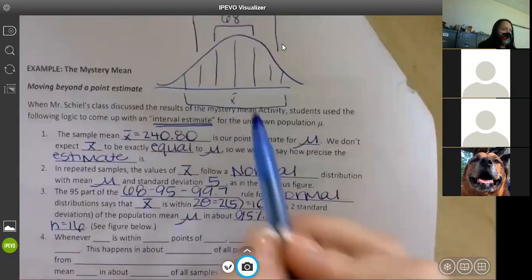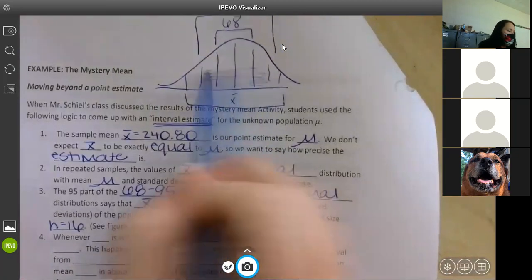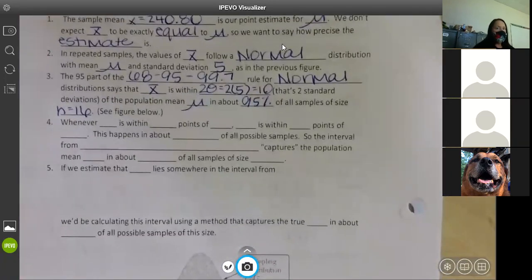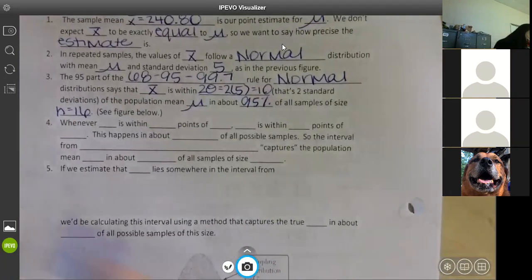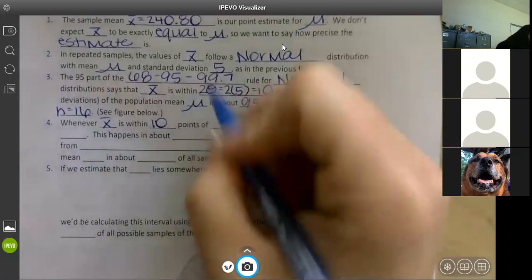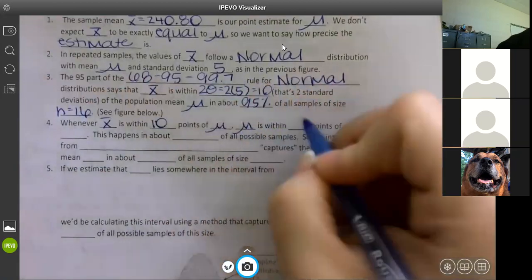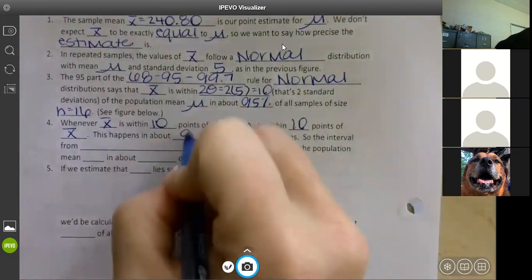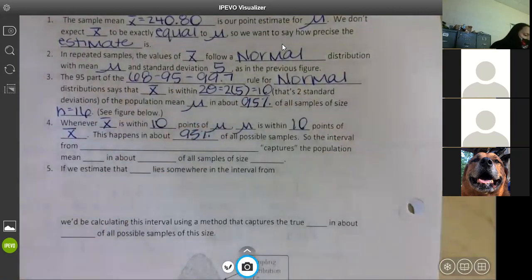Okay, so they just took this one that I had and they shaded in these bars. That's 95%. Okay. So whenever X bar is within 10 points of mu, mu is within 10 points of X bar. This happens in about 95% of all possible samples.